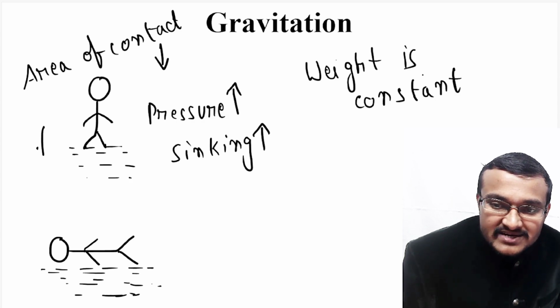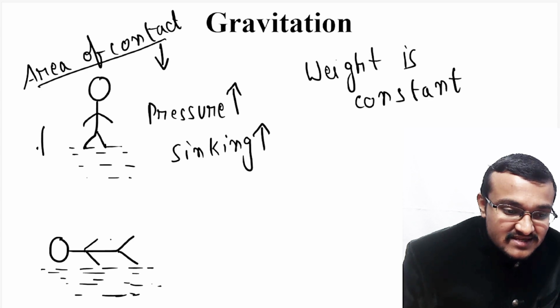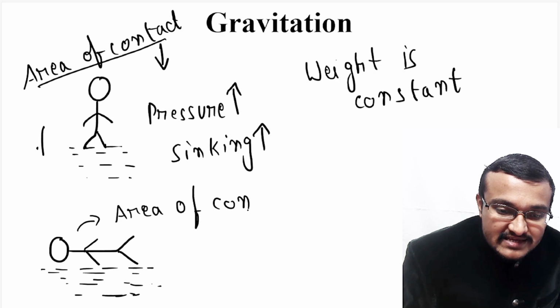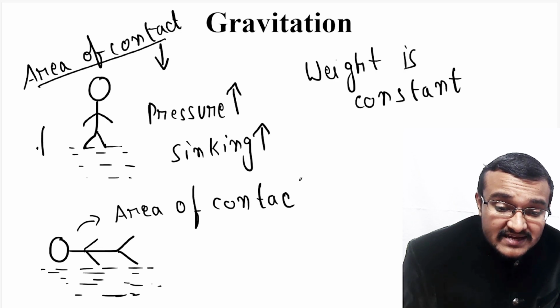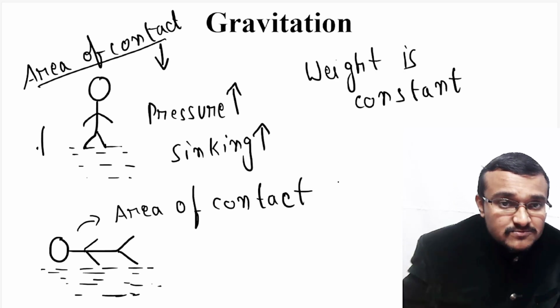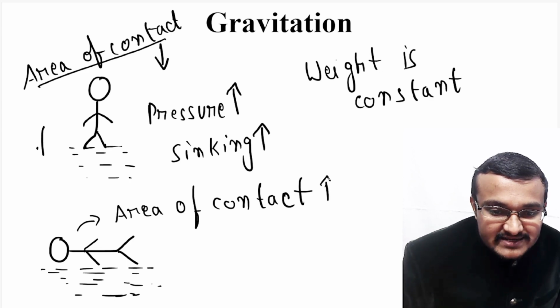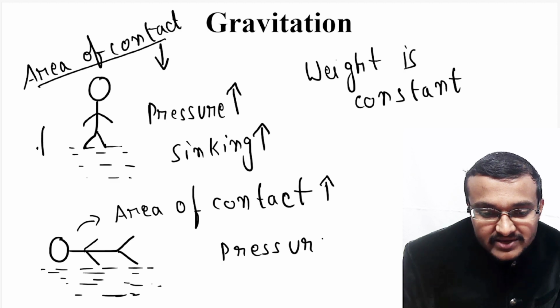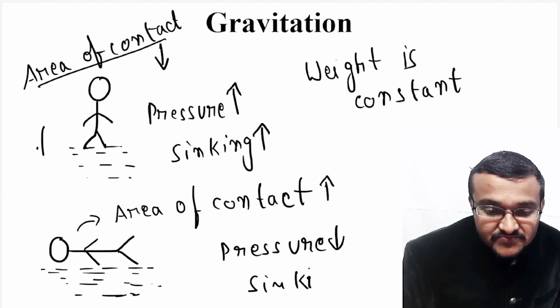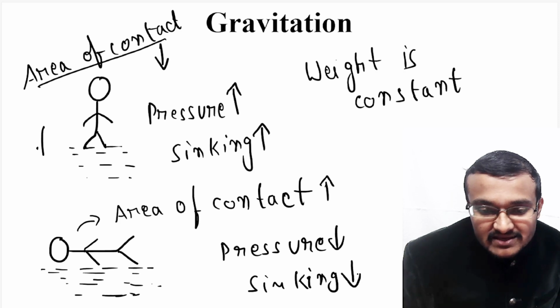In the first case the area of contact is less, but here the area of contact is more, as his entire backside is in contact with the sand with the same amount of weight. So area of contact is more, hence pressure will be less and sinking will be less. So in the second case sinking will be less.